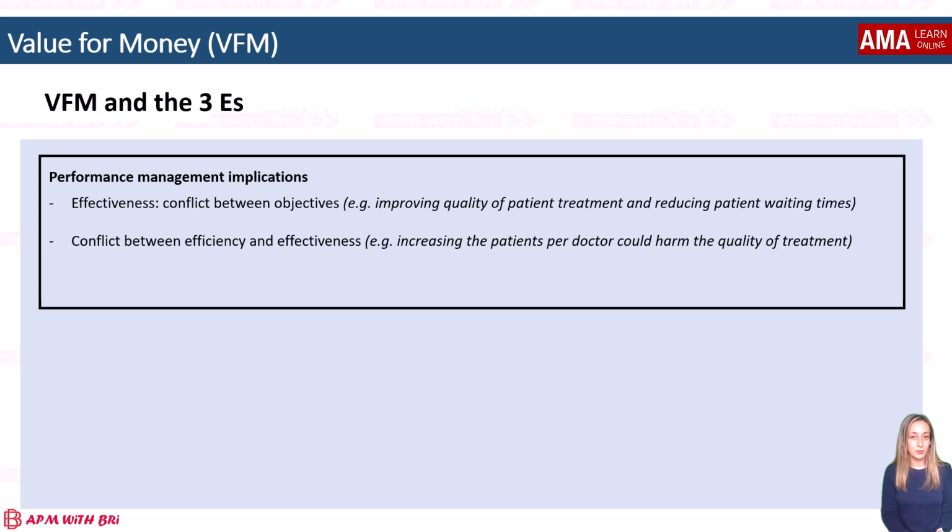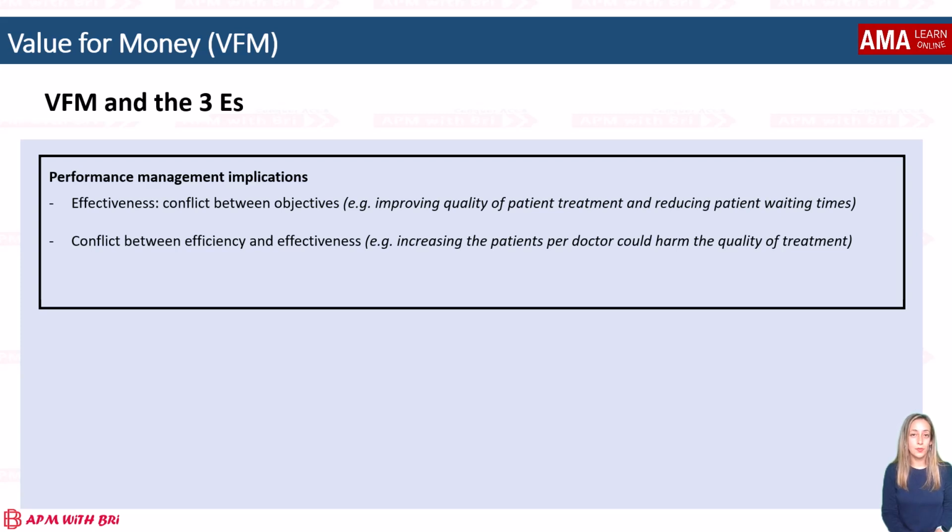Well, it's possible that while that doctor is trying to treat as many patients as possible, the doctor rushes them and doesn't spend proper time treating them, and that can lead to a negative effect on the patient treatment's quality. Or maybe the doctor gets very tired by having to treat so many patients, and then the doctor makes mistakes, which again can harm the quality of the patient treatment.